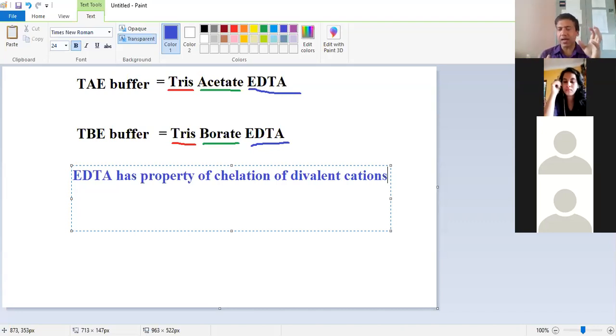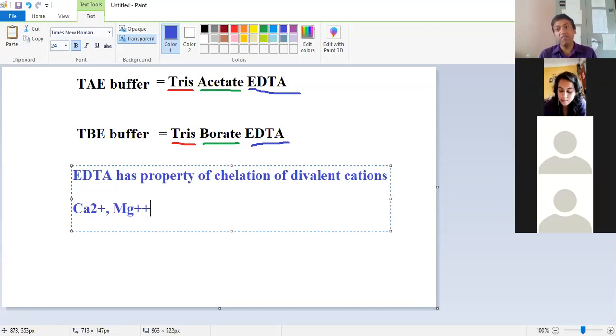So the divalent cations are masked or chelated by EDTA, and they become useless, functionless, inert. Mainly the divalent cations you find are calcium ions, Ca2+, and magnesium ions.